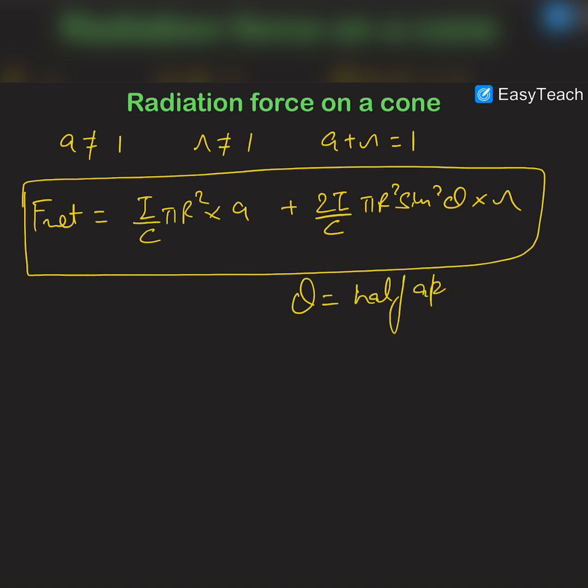So this is the radiation pressure on the cone.